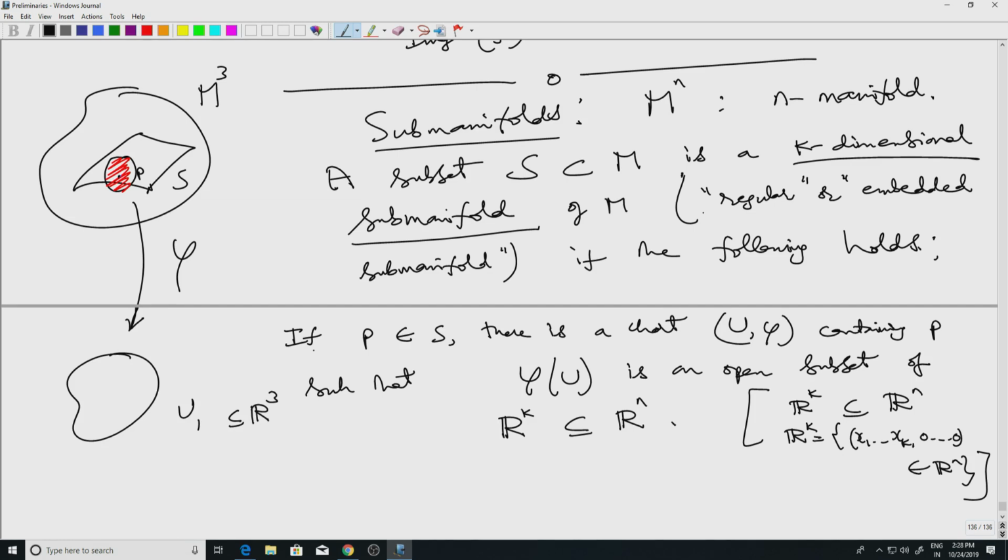Now, sorry, I forgot one crucial thing here: phi of U intersection S. That's the important thing. So now this is in R3, and what we want is that this intersection here, U intersection S, let me show this here.